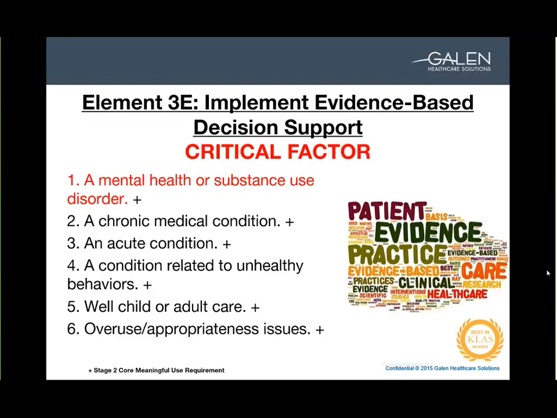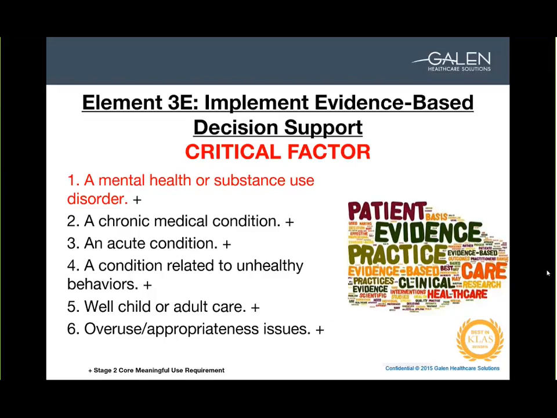And then overuse and appropriateness issues, I'm just going to highlight this a little bit, and that's, do you have some evidence-based guidelines? And the best thing I can correlate to other quality programs is, do I have people calling out for antibiotics all the time?